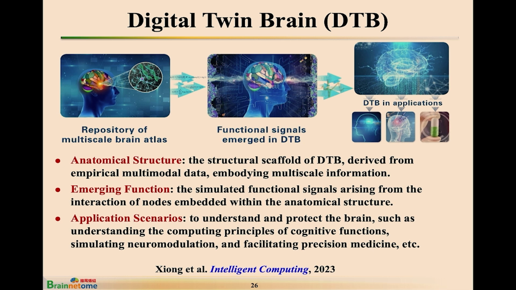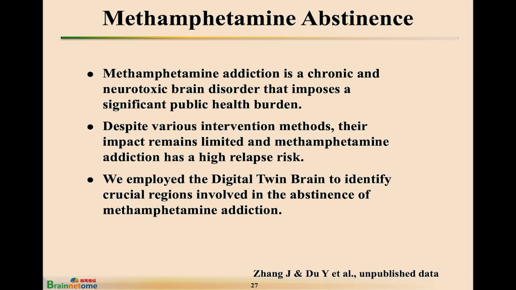So we said that maybe the Brainnetome atlas is the bridge between the digital and the biology of the brain. So here we take one example to show you how to use the digital twin brain to find the best stimulation target areas.